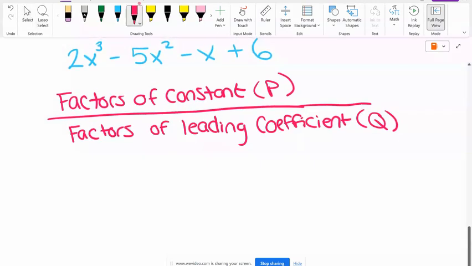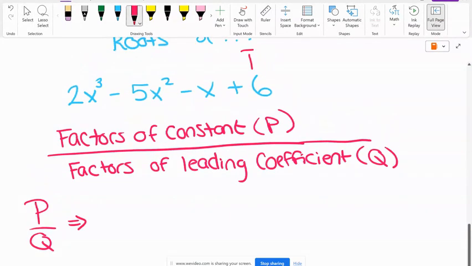Okay, so we're looking for P over Q. Our constant is P, our leading coefficient is Q. So I'm going to take factors of 6. Well, what are factors of 6? We can do plus minus 1 and plus minus 6, right? 1 times 6 are factors, but we have to count for positives and negatives.